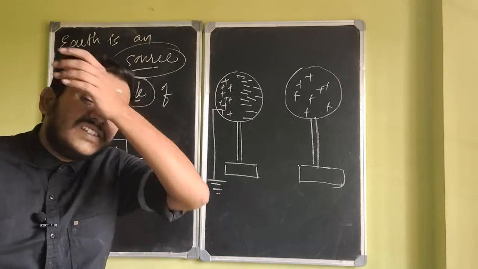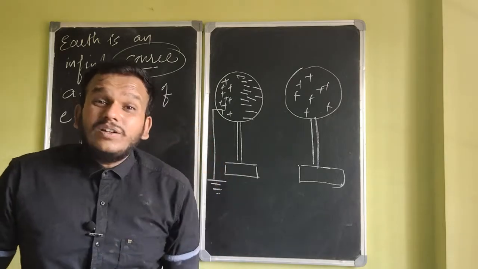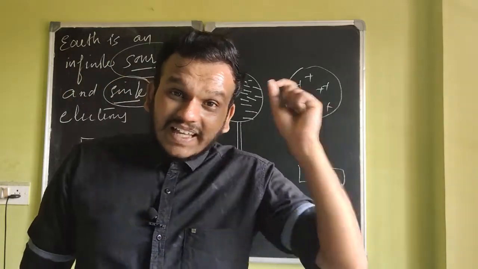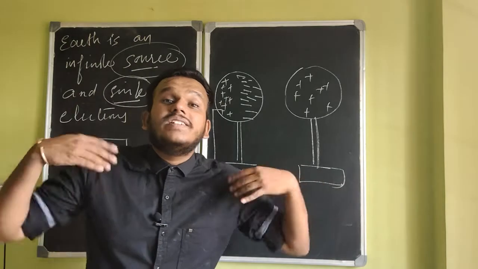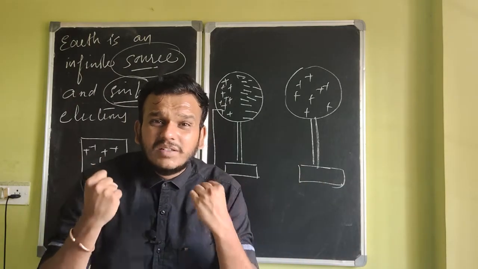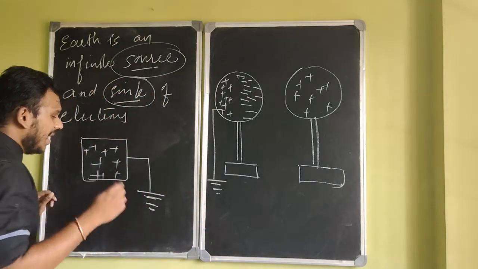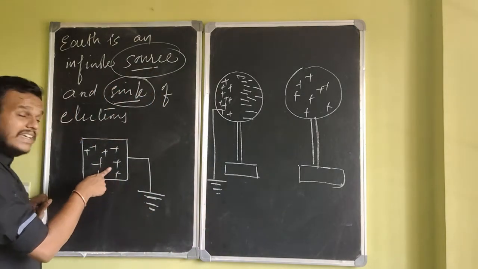Now why this neutralization? Every object would like to be electrically neutral because electrically neutral objects are more stable. And everything in nature wants to be as stable as possible, right? So for stability reasons, what will happen?